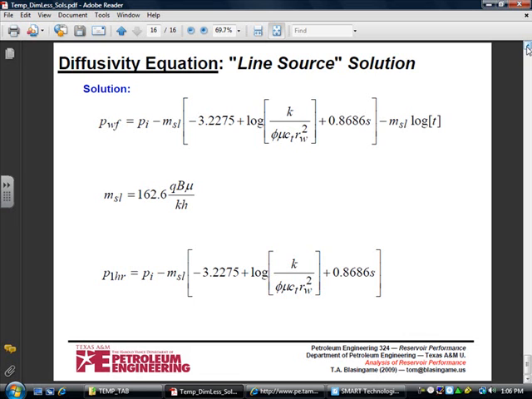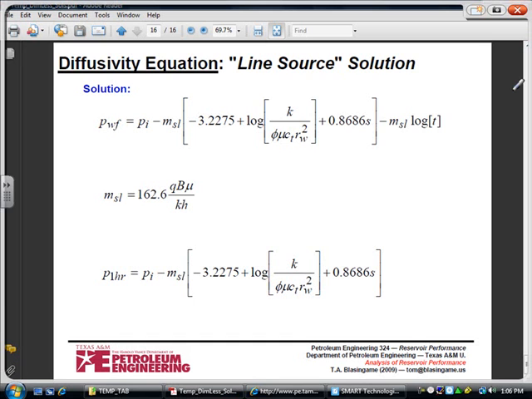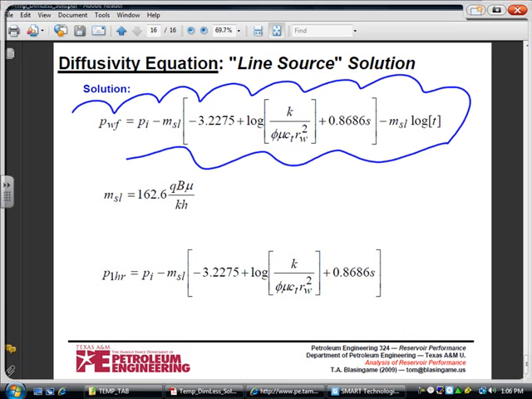Okay, once you do that, and then plug the definitions of the logarithm, and do the calculations, this will be your solution. And if you recall from the previous equation, we had constants there.